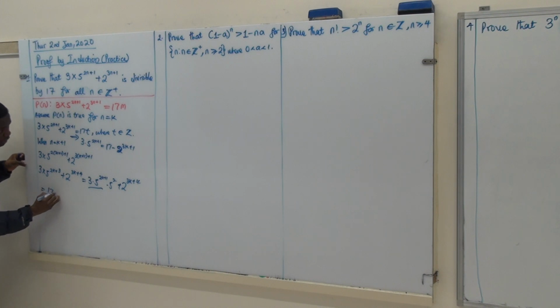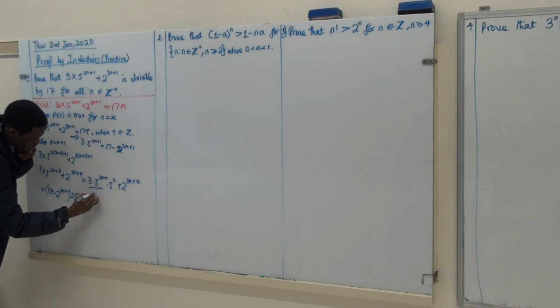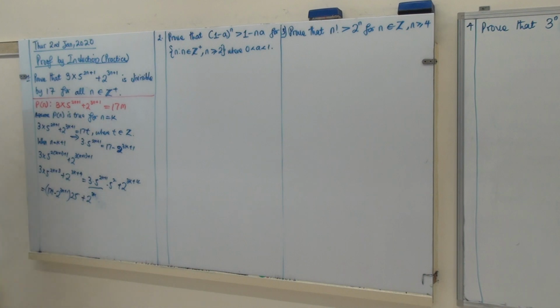So (17t minus 2^(3k+1)) times 25. Forgot to write the t. Yes? Times 25. Do you know how I got times 25? 5 squared. And this is 2^(3k) times 2^4, that's 16. I don't think that's necessary. We leave it for now.